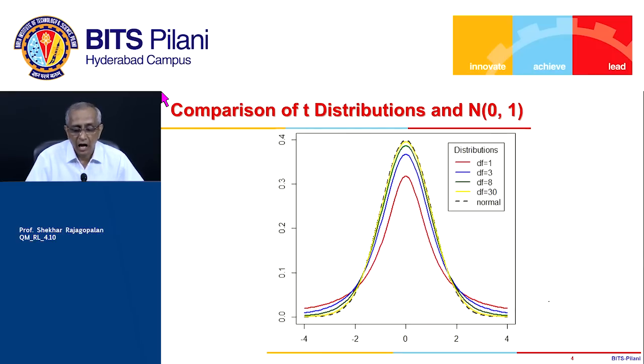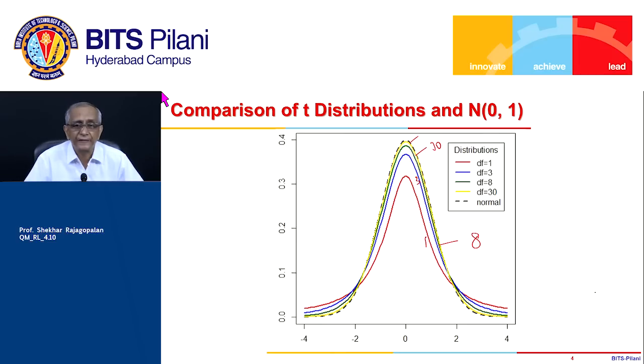In this slide, I have several t distributions and I'm comparing them with the normal distribution. The normal distribution is this black dashed line, the standard normal distribution, and all the others are t distributions. The red line is with degree of freedom 1, the blue is with 3, the green out here is degrees of freedom 8, and the yellow is of 13.